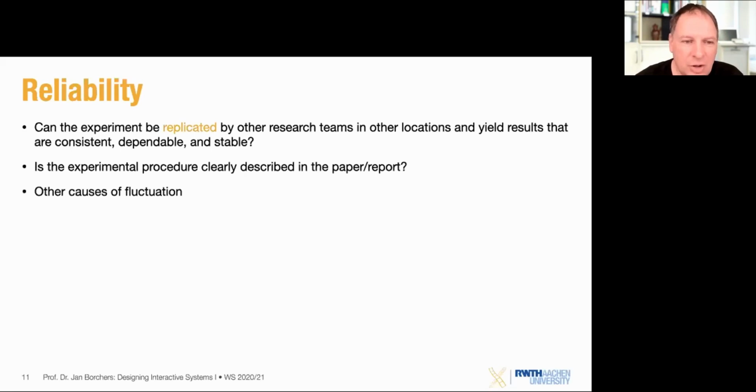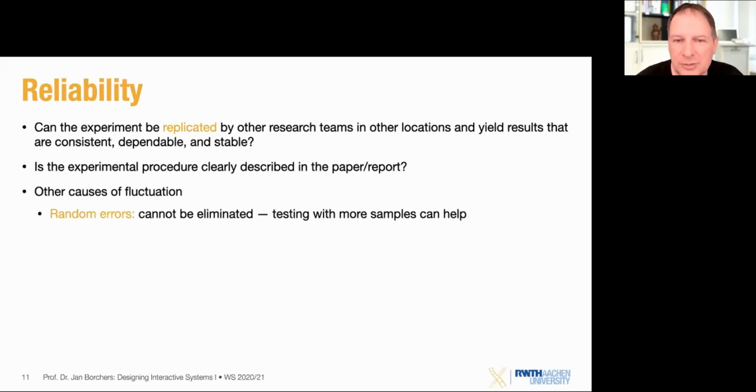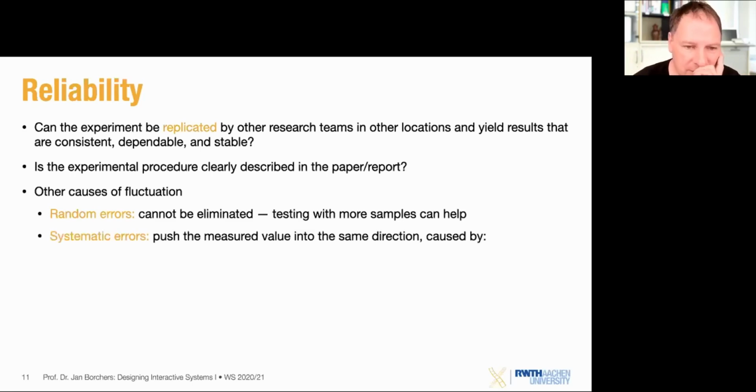So there are also other causes that can create fluctuation. For example, of course, you cannot eliminate random errors, right? So when you measure 10 people and they do the same experiment, they're always going to complete it at different speeds. And that's a random distribution. But if you test with more and more samples, that randomness tends to turn into a nice Gaussian curve usually.